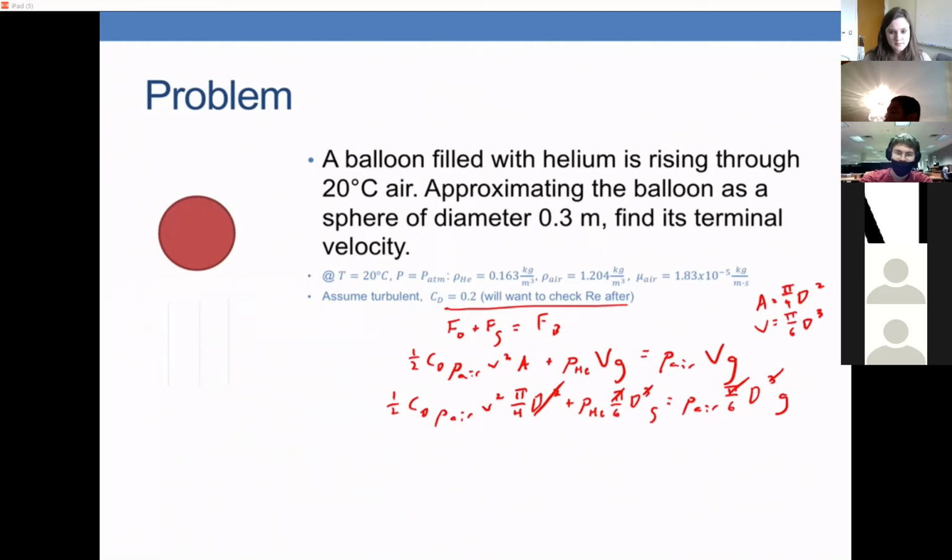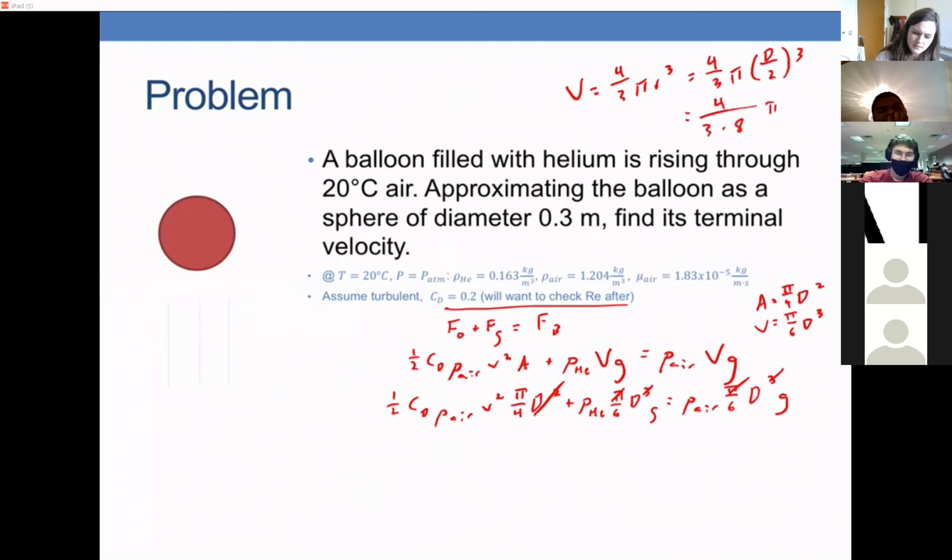Wouldn't it be pi over 8? Volume of a sphere. Okay, so the volume of a sphere is 4/3 pi r cubed. So putting in 4/3 pi d over 2 cubed, that becomes 4 over 3 times 8, because 2 cubed is 8, pi d cubed.